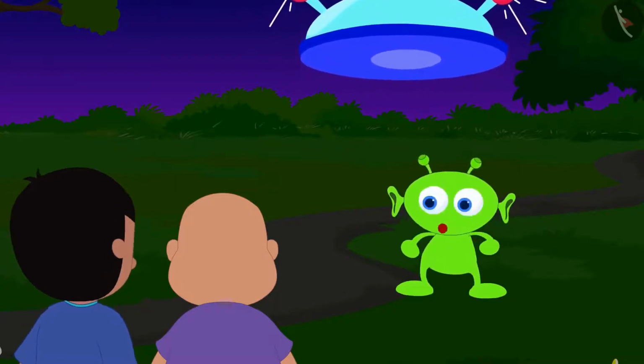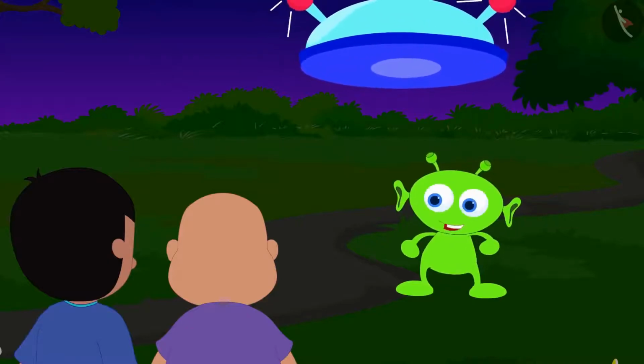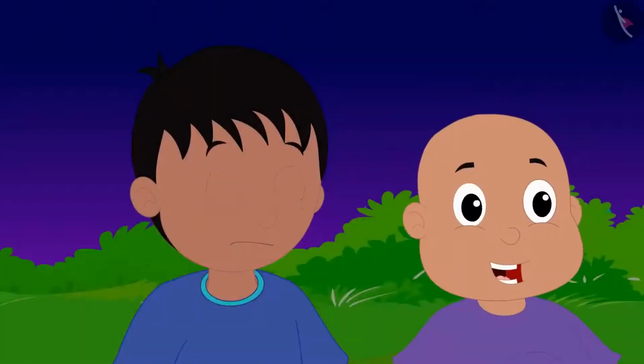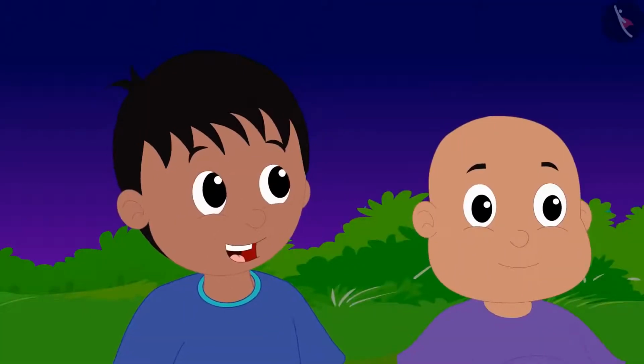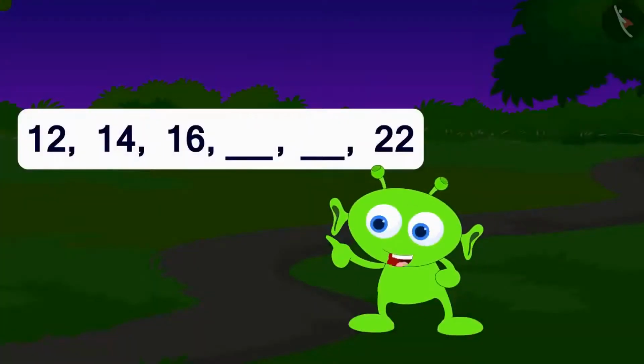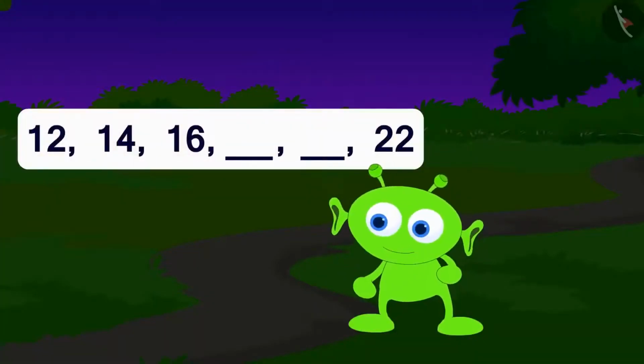But he has one condition. Raju and Bablu will have to solve 2 of his puzzles. Now Raju and Bablu accepted the condition of the alien. Look, even numbers.